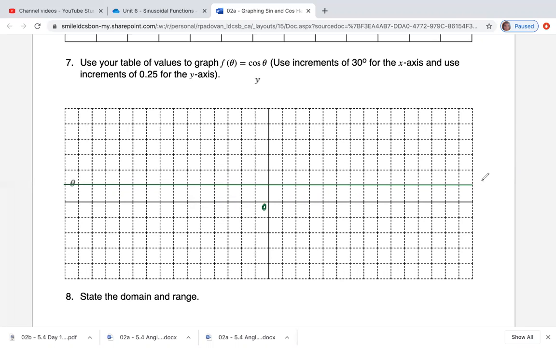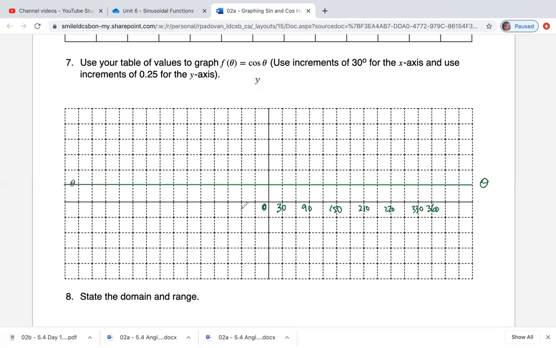So this is theta, this is y, and then go by 30, right? 30, 60, 90, 120, 150, 180, 210, 240, 270, 300, 330, and 360 is again 1, 2, 3 away from the end, the same as before.